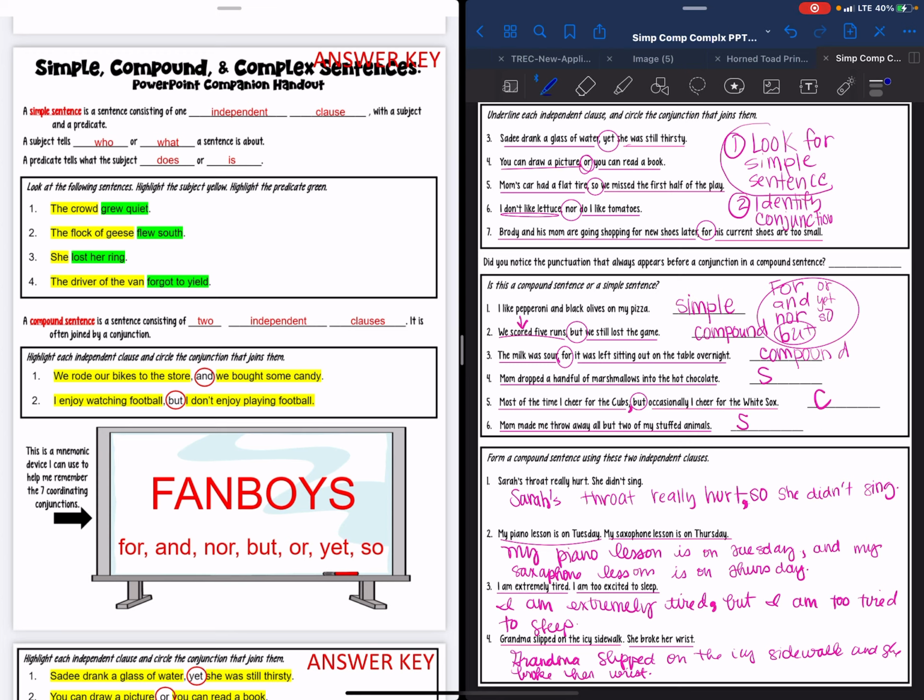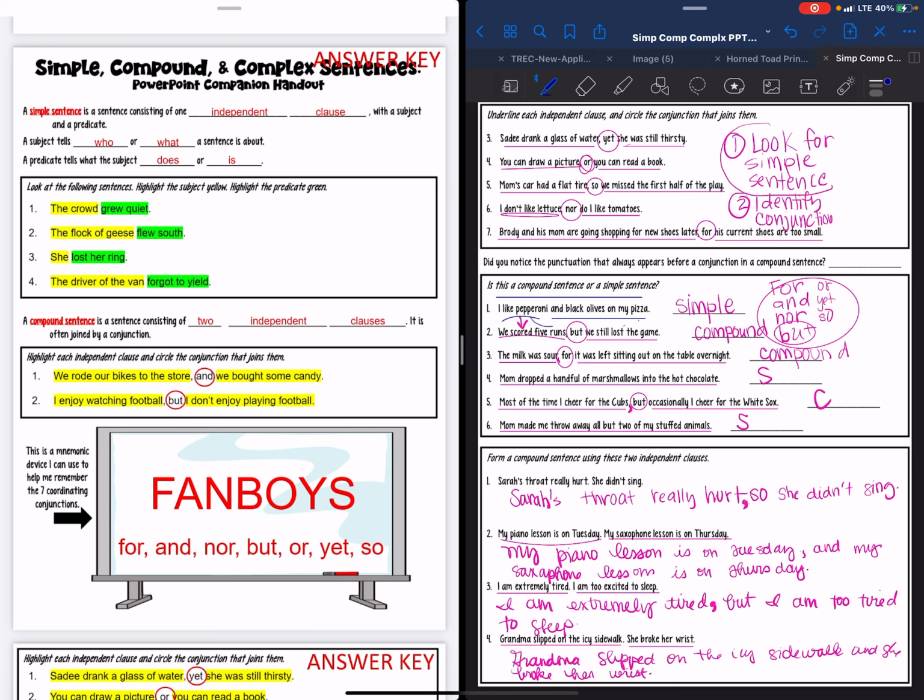So let's look here at an example of a compound or a simple sentence. I like pepperoni and black olives on my pizza. So they're not saying, so I like pepperoni, yes, that is a standalone sentence, but where we see and black olives, it's not another simple sentence.